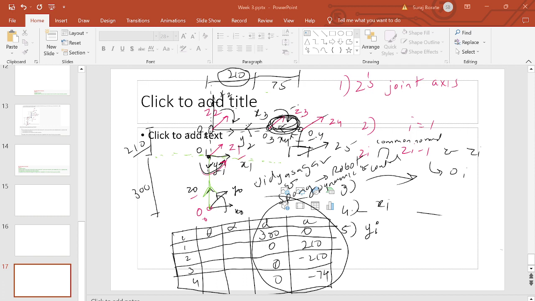How many answers are possible if I want to reach this x and y end effector position? Please answer. So one solution is in front of you on the screen. The other solution can be from this side, right? This particular link can rotate all the way like this, and the top link can come like this. And this is also a solution. Okay, so there is no unique solution.